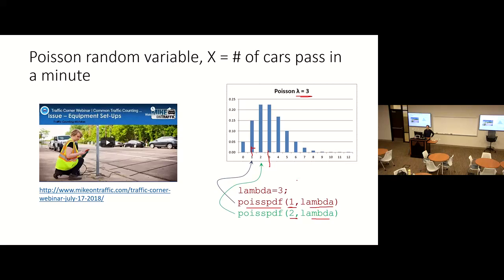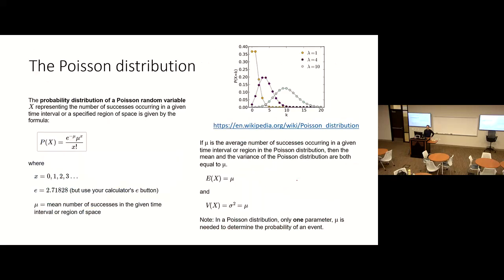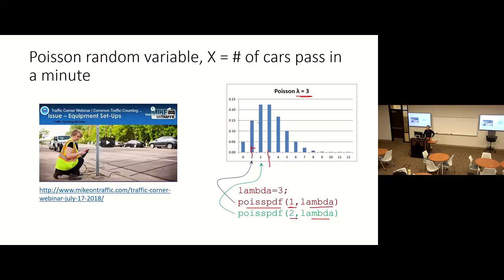So this is the distribution of a Poisson. You only need one parameter, which is this average, in order to reconstruct the distribution. In this figure the average is 3, so you get a curve like this.